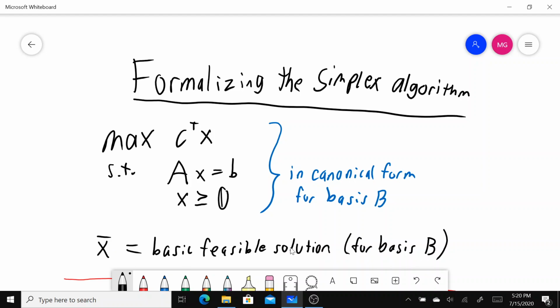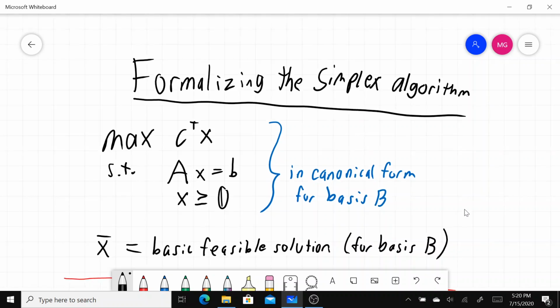So we always have a basic solution. It doesn't necessarily need to be the case that it's also feasible, but in order for this to work, we need to start with a basic feasible solution. So again, there's another question about how you generate this in the first place. That will be for a separate video. Here our starting assumption is that we have a basic feasible solution for this basis.